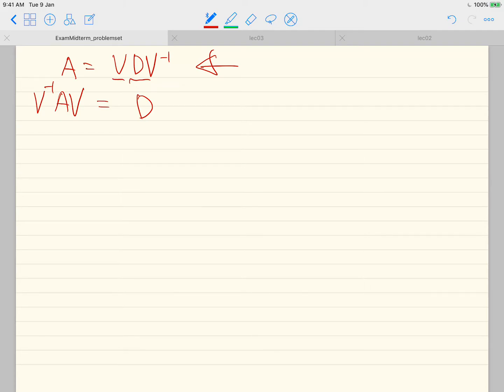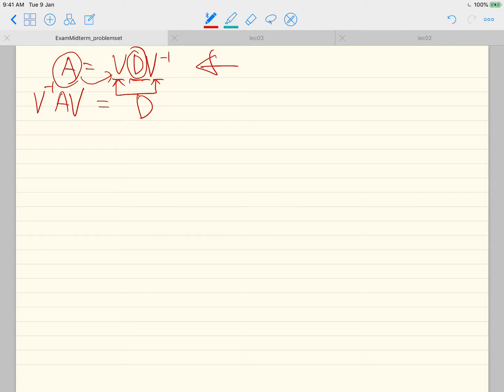in the product of these three matrices, on the left there should be an invertible matrix, on the right we need to have its inverse matrix, and in the middle it should be a diagonal matrix, right? So this is the requirement to decompose this matrix A into a product of matrices, which is called the eigen decomposition.